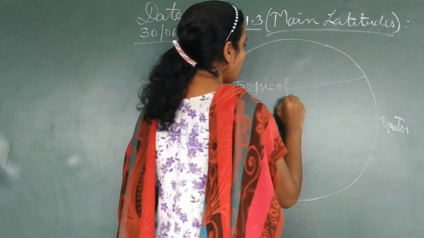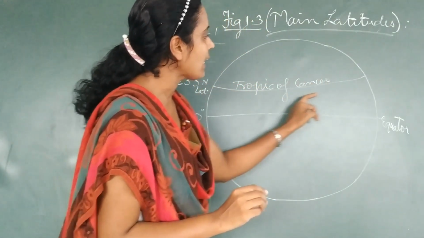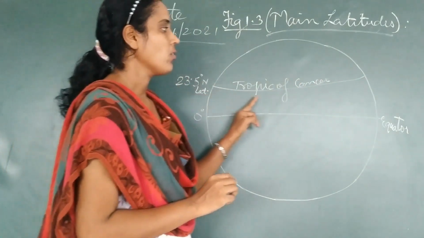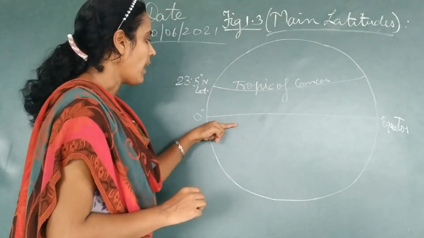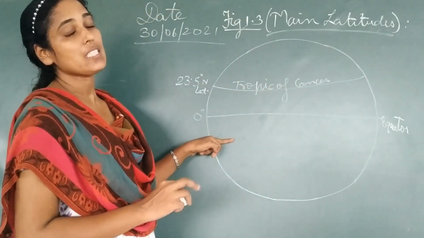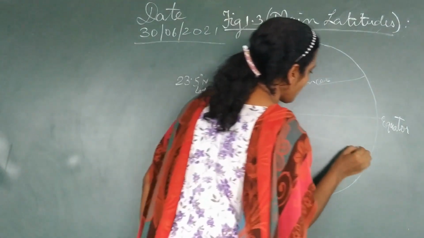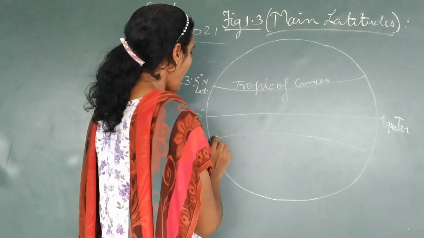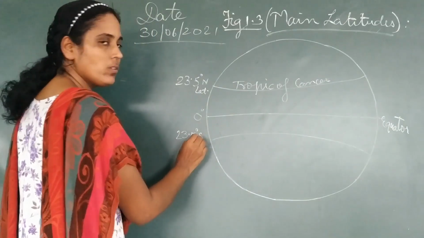What is the name, students, here? Tropic of Cancer. Okay, you have to put a slanting line. Don't draw straight lines, students. All these things are imaginary. Draw a slanting line. In the same way, the line below the equator is classified as south. So here again, at equal distance, draw slanting waves, and write 23.5 degrees south latitude.